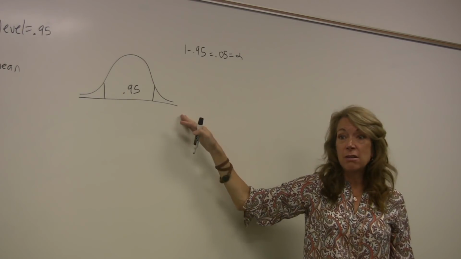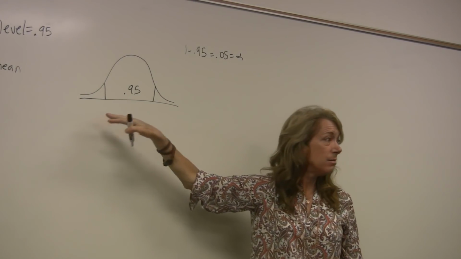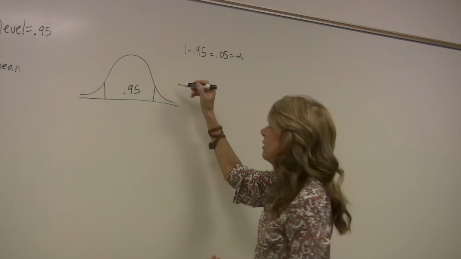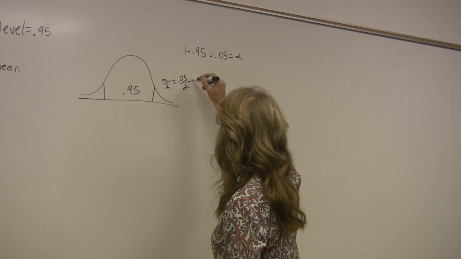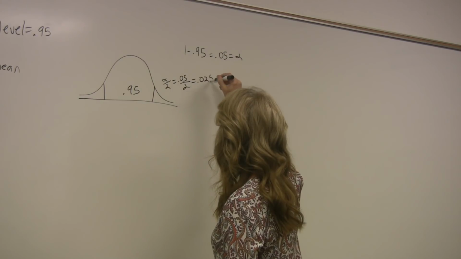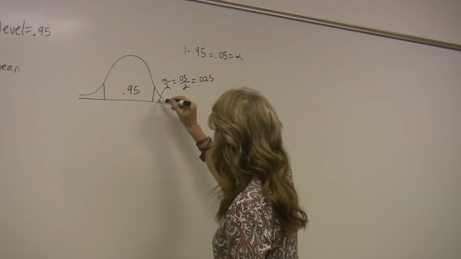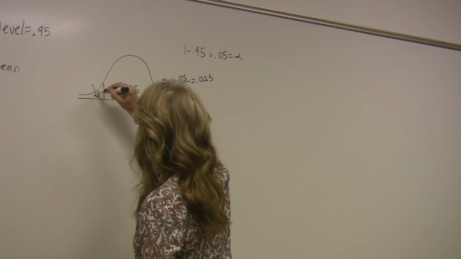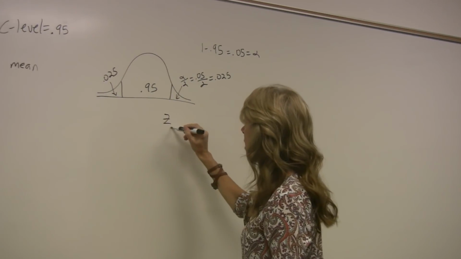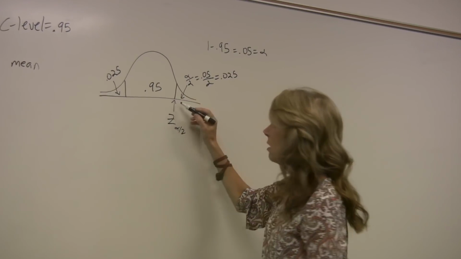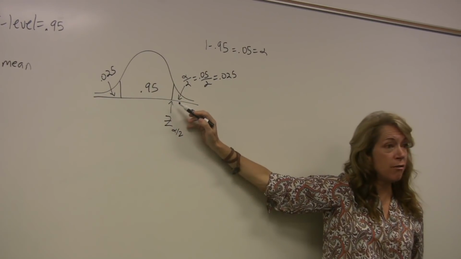And then each tail is half of that. That's the alpha over 2. Alpha over 2 is 0.05 over 2. Each of these tails is 0.025. So this Z right here is your critical value that we're looking for.